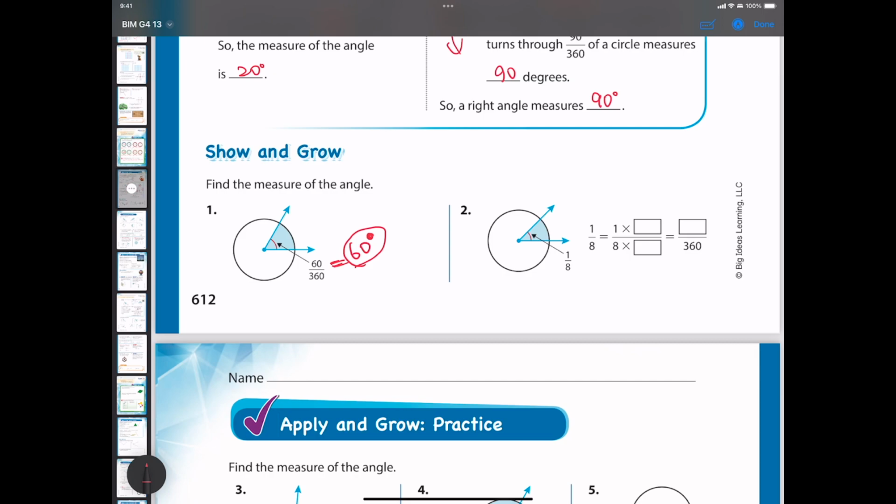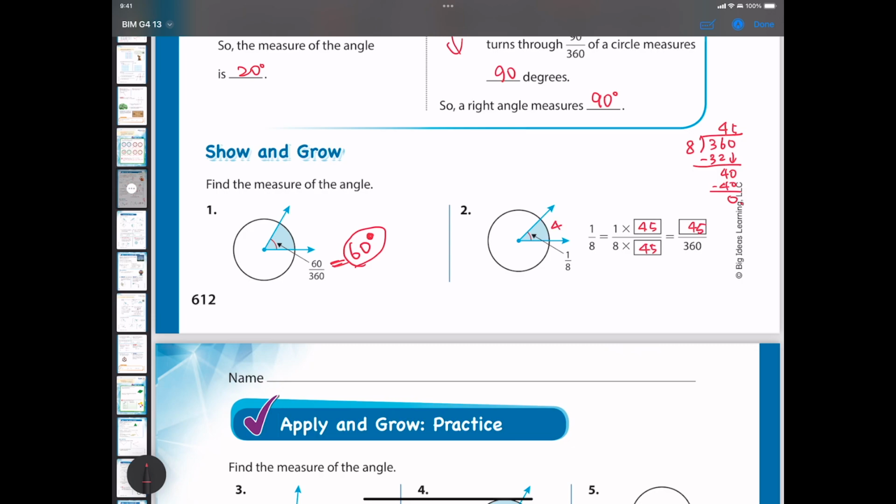In order to know that, divide 360 by 8. 8 cannot fit into 3, but 36, yes, 4 times. 4 times 8 is 32. Take away, that's 4. Bring it down, and 5 times 8 is 40. So the equivalent fraction is 8 times 45 makes 360. Anything you do to the denominator, do to the numerator, which is 45 over 360.